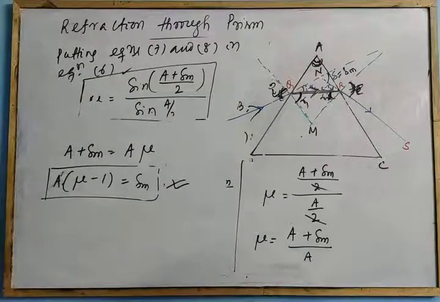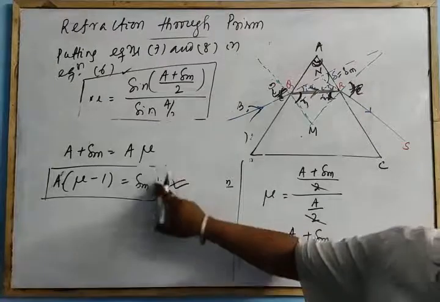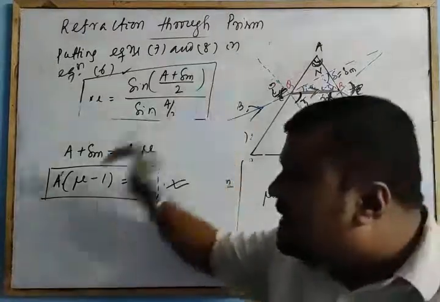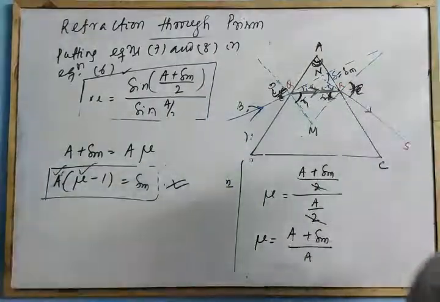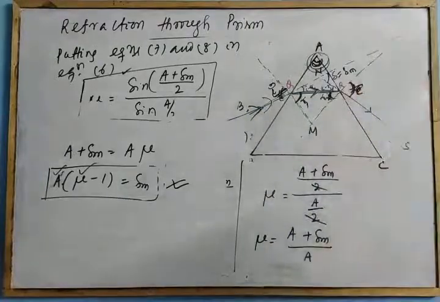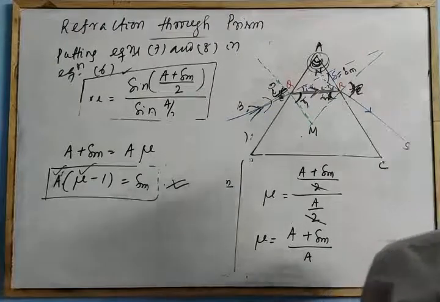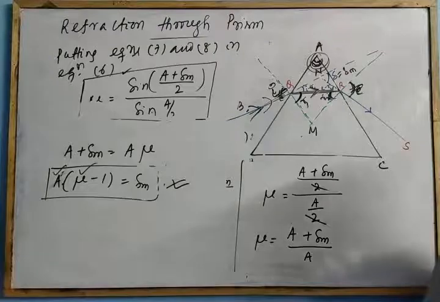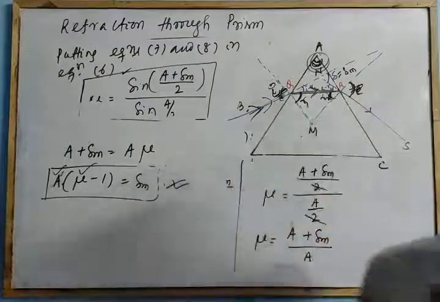It is a constant quantity for a given prism, because for a prism this A is constant and mu is constant. So it is a constant. It does not depend on at what angle the ray is incident for a small angle prism. And a thin prism gives less deviation of light.